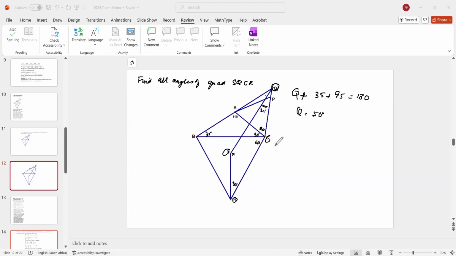Oh, but now you can work out X. It's not such a difficult problem because you got the remaining three angles. So you got X plus 25.